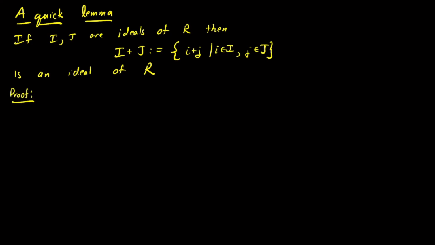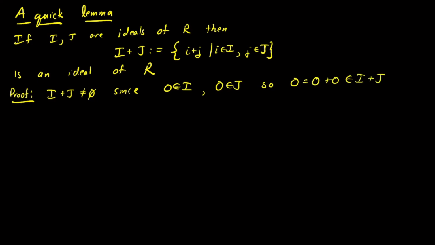So the first thing I might notice is that I plus J is not empty, since I know that 0 is in I, 0 is in J, so 0, which can be written as 0 plus 0, is an element of I plus J. Okay, so I know that this is not empty because it contains 0. So now I just need to show that I plus J is closed under subtraction and that it absorbs elements of R under multiplication.